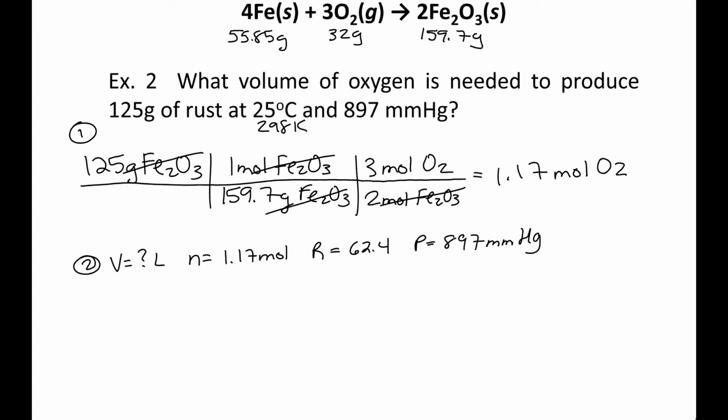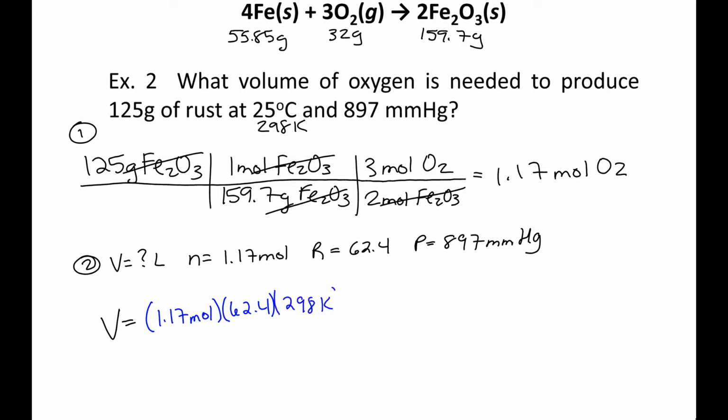Those are the numbers we're going to stick into the ideal gas law equation. Now, if you don't want to write all those, I know I keep making you normally, but with gas stoic, I'm not going to. But you do have to put the units into the equation. So if you want to write all this stuff, then write it like I'm doing in blue here. So we're going to put 1.17 moles times 62.4. That's the only one you don't have to have a unit for.